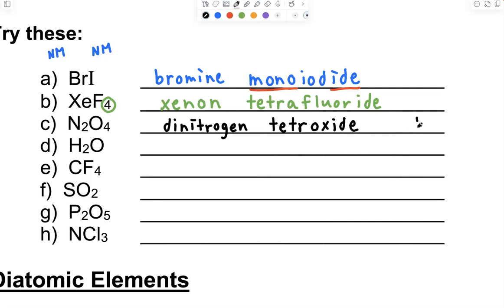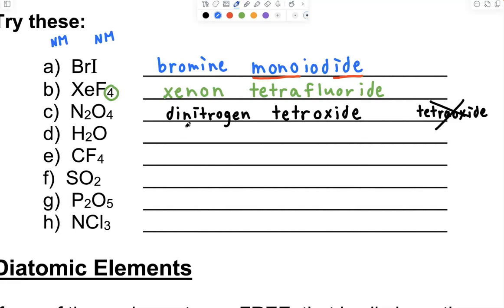Okay, you might think this would be tetraoxide. But again, oxygen is special. We don't put these sort of vowels, the A and the O, beside each other, just because, again, maybe the scientists who determined this thought that sounded a little bit weird. So that's where, in the case of oxygen, we just get rid of that A and we call this dinitrogen tetroxide.